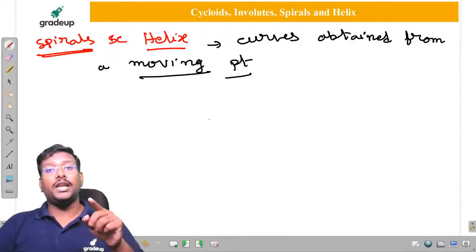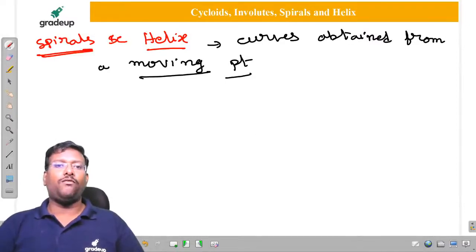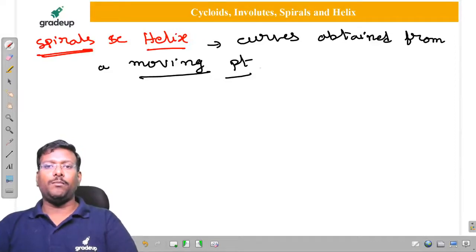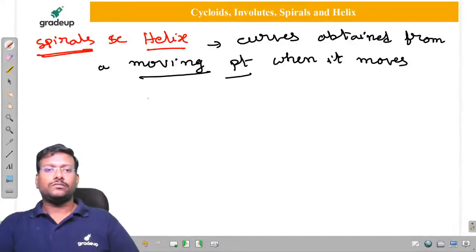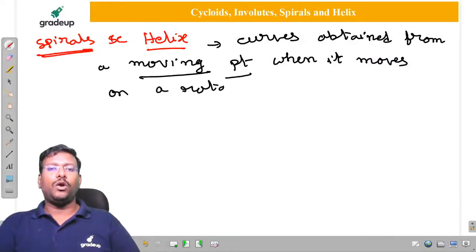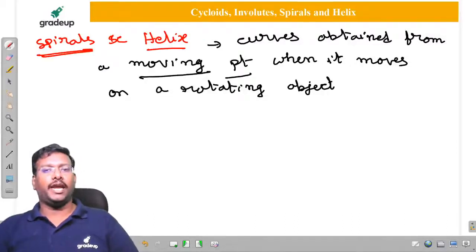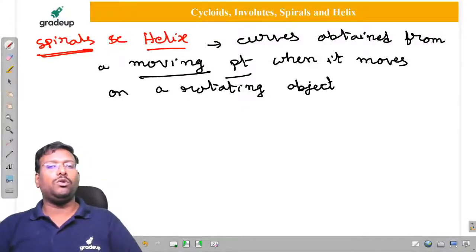It is moving on a rotating object. So the curves obtained from a point moving on a rotating object are these two curves.